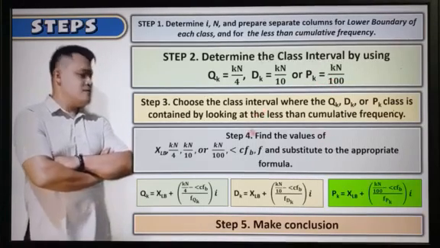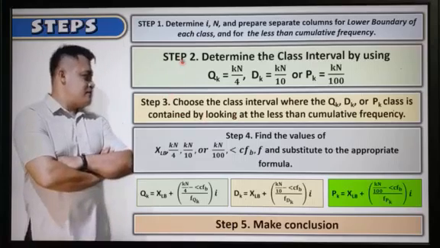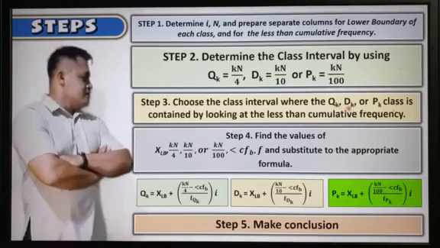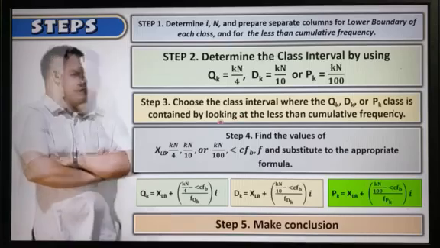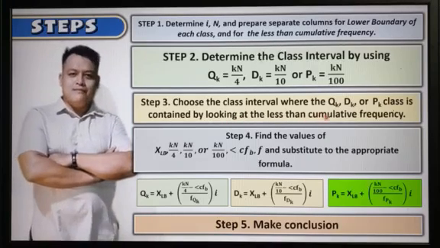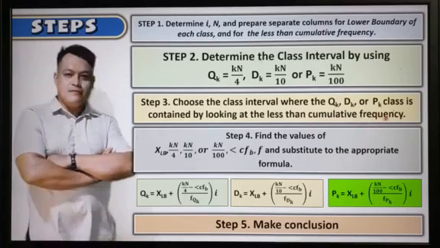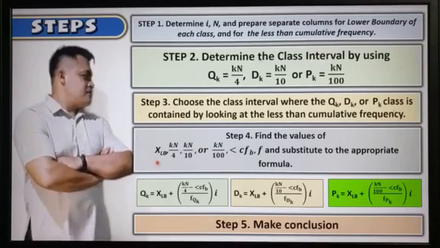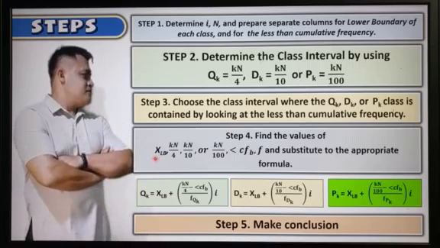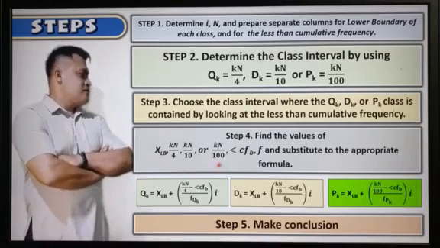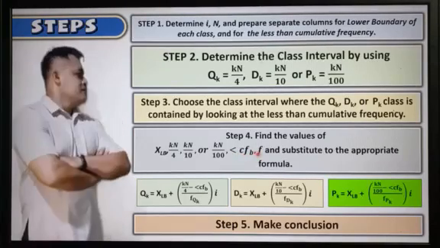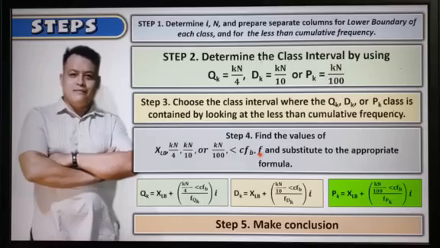Step 3, based on the result of step 2, we can now choose the class interval where Q sub K, D sub K, or P sub K is contained. Our basis for checking is the less than cumulative frequency. After the results of step 2 and step 3, we can now get the facts: the lower boundary, the less than cumulative frequency below the class, and the frequency of the class.